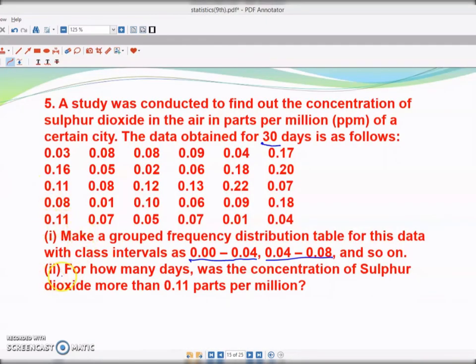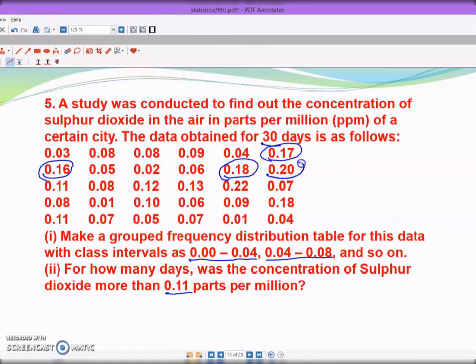The next part of the question is, for how many days was the concentration of sulfur dioxide more than 0.11 parts per million? You have to check from this data when you have more than 0.11. This is all less than 0.11, so we will just encircle those which are more than 0.11. So 0.17, 0.16, then 0.18, then 0.20.